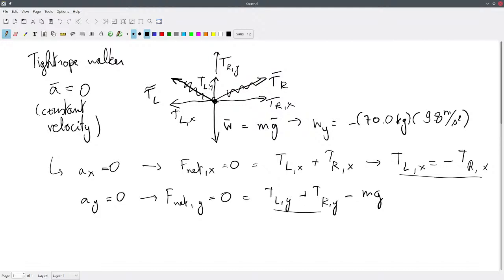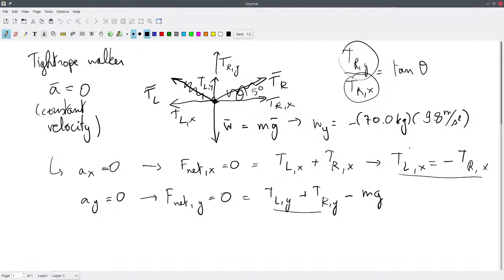Well, we know, of course, what this angle is. This is 5 degrees, or let's just call it theta for a more generic solution to the problem. So if this is theta, that means that TRy divided by TRx must be equal to the tangent of that angle theta. So that gives us a connection between TRy and TRx.